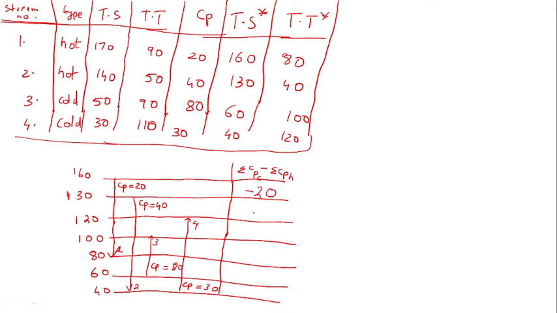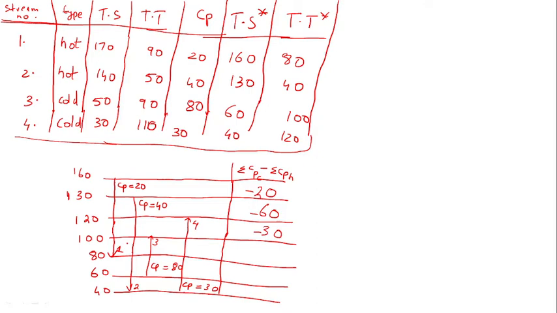Here also no cold stream is present, only hot streams, so 0 minus 20 minus 40, we get minus 60. Here one cold stream is there, whose Cp is 30, so 30 minus 20 minus 60, which we get as minus 30.